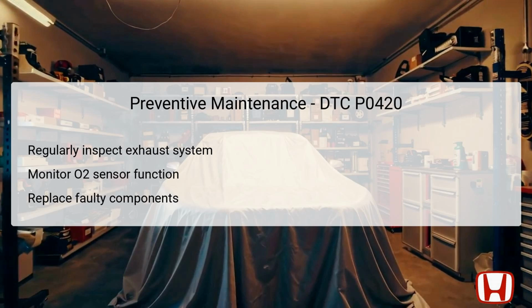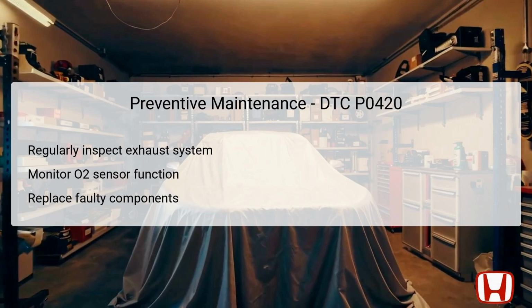Monitoring the functionality of oxygen sensors, particularly the secondary heated oxygen sensor, is also essential, as any irregularities in their readings can indicate potential issues with the catalytic converter. It's wise to replace any components that are showing signs of deterioration proactively, thus preventing failures before they arise.